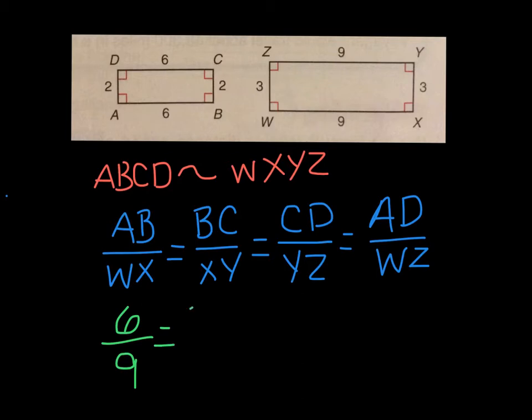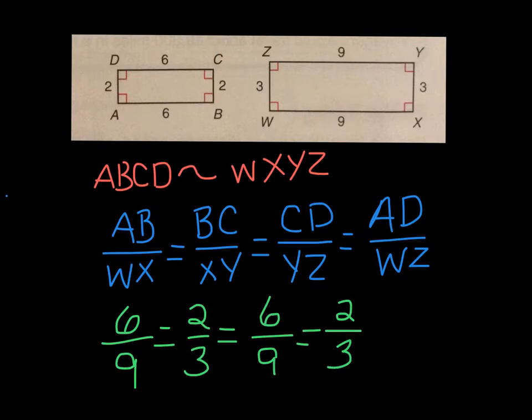So that would equal 2/3, which is equal to, then we've got along the top CD, which is 6, to YZ, which is 9, which is equal to AD, which is 2, over WZ, which is 3.